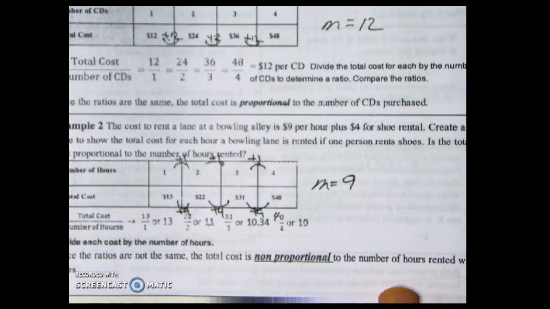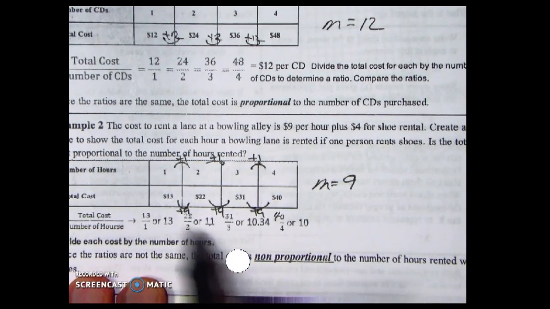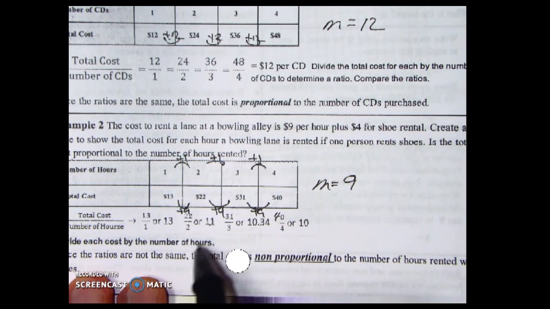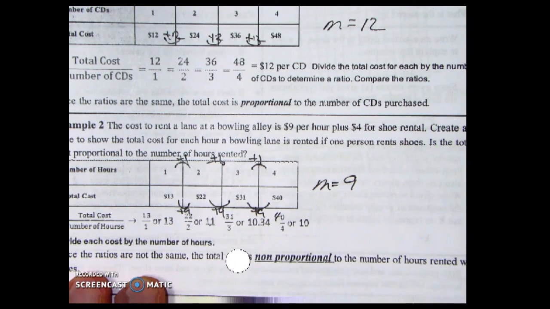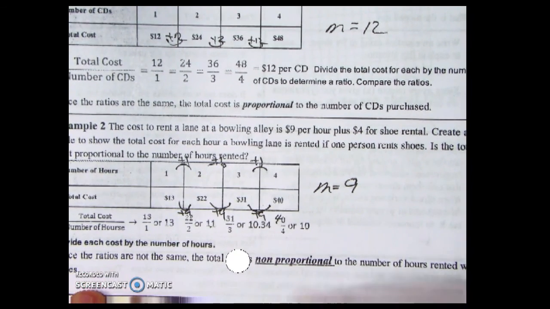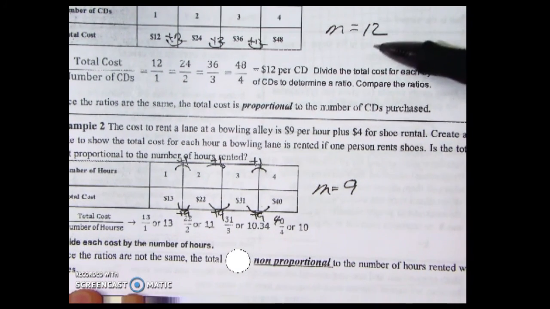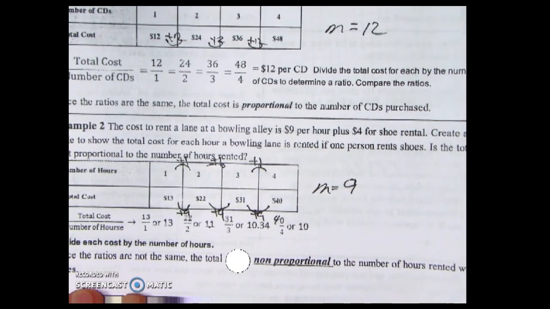And all you need to do is look at the first two. 13 and 11, they're different. On this one, 31 divided by 3, there's a decimal to the hundredths place. You don't need to do that to figure out if it's non-proportional. All you need to do is figure out that it's not 11 or it's not 10. If they're different, it's non-proportional. If they're different, they're what, class? Right. Okay. So we have a proportional situation and a non-proportional situation.